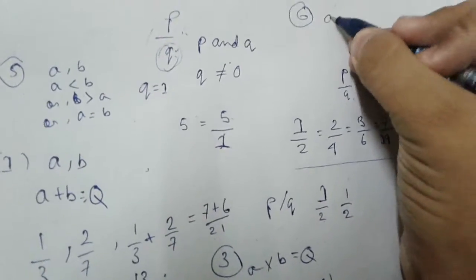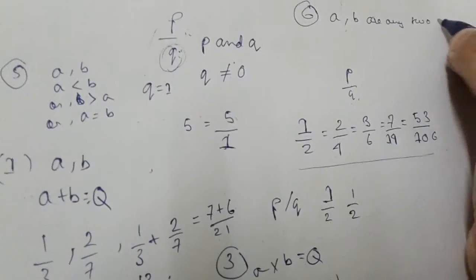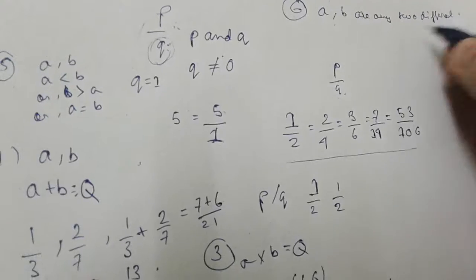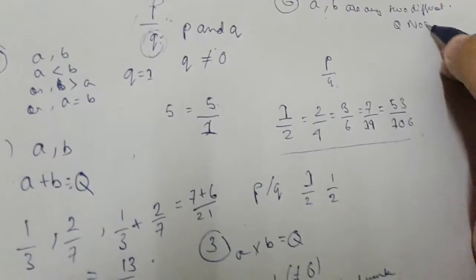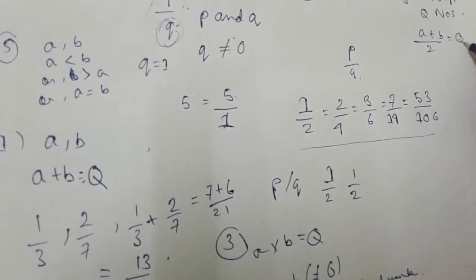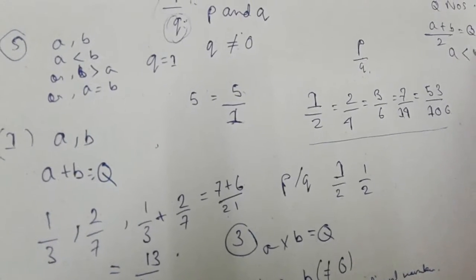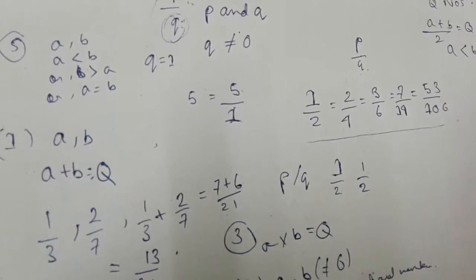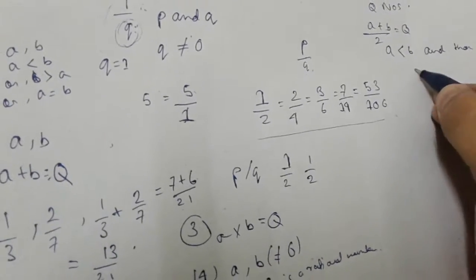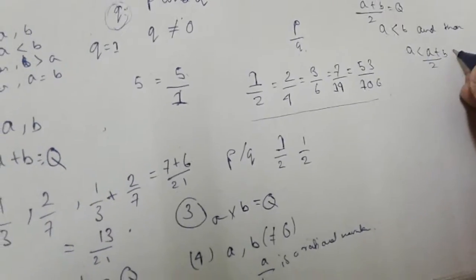If a and b are any two different rational numbers, then (a plus b) divided by 2 is a rational number, and it lies between them: if a is less than b, then a is less than (a plus b) divided by 2, which is less than b.